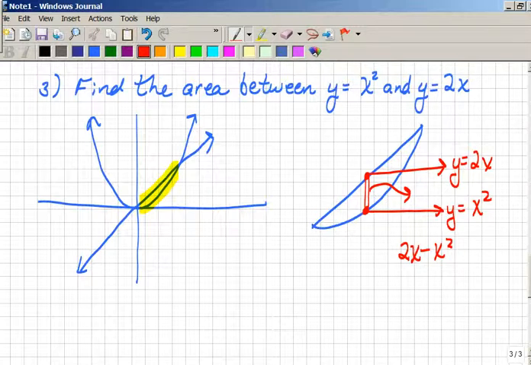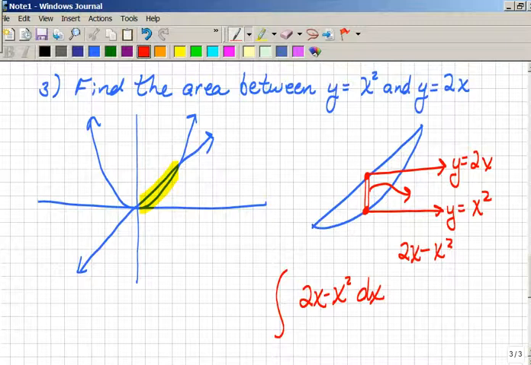So in order to find that area, we just have to sum together all those rectangles. So we use the integral to summate the height of the rectangle, 2x minus x squared, the width of the rectangle, dx. Now, since we're not using the graphing program, or we weren't given any more information, we have another problem to consider, and that is, where are we finding the area?